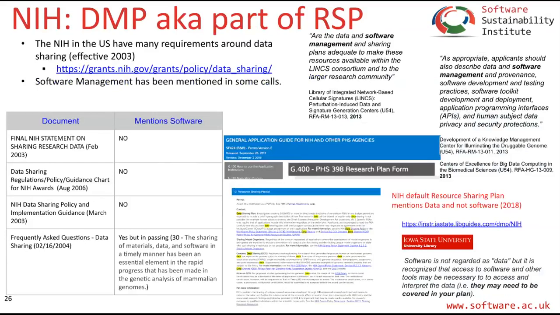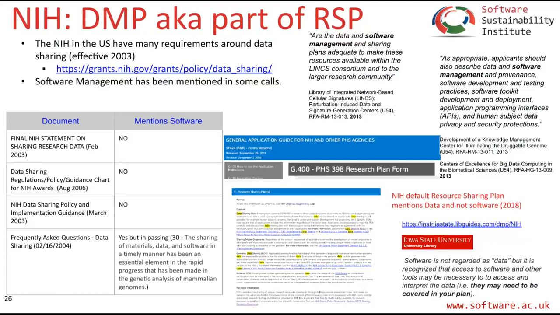For example, these examples are from 2013, from the Library of Integrated Network-Based Cellular Signatures: are the data and software management and sharing plans adequate to make these resources available within the LINCS consortium to the larger research community? And also the development of knowledge management centers for illuminating the druggable genome and centers of excellence for big data computing in the biomedical sciences use this wording, as appropriate.